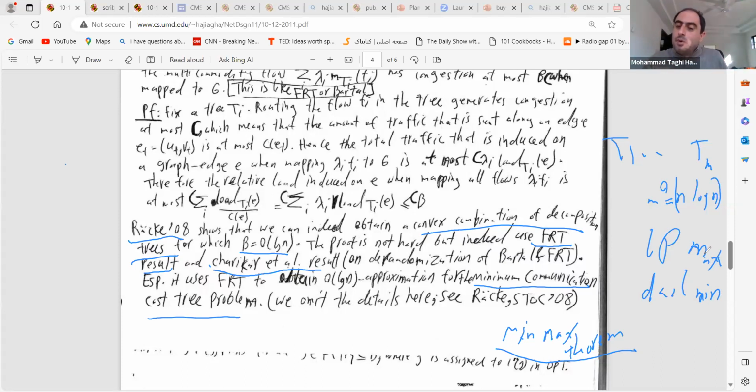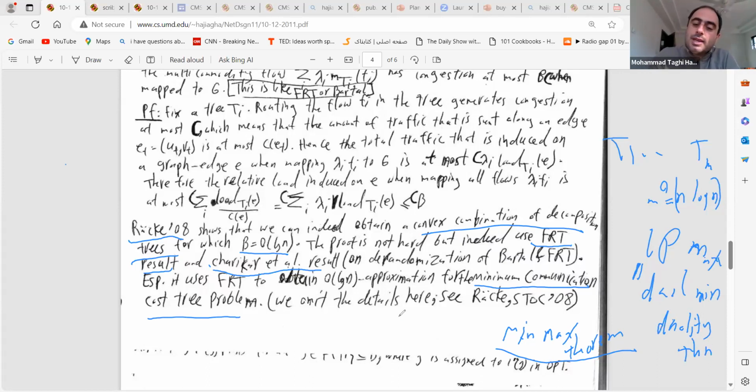What is important is that you can show that this max and min are equal to each other. Essentially, the value of the LP and the value of the dual LP, the optimal solution for the LP and the solution for the dual LP, are equal to each other. This theorem is called the duality theorem, or min-max theorem.